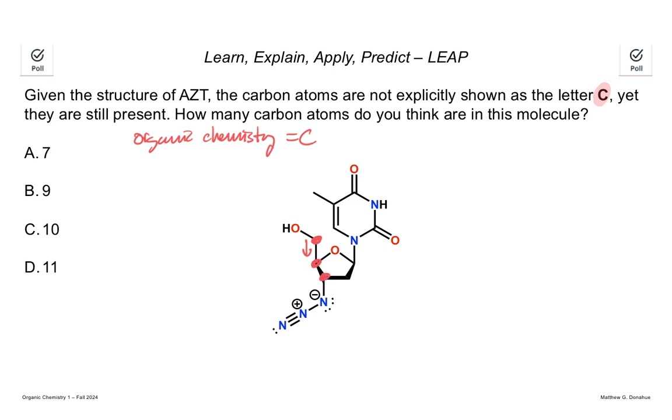This is a carbon, so we're at 3, 4, 5. We move up, there's a nitrogen. This is a carbon 6, 7, 8, 9, 10. So there's 10 carbon atoms. So if we're building up the molecular formula, there's 10 carbon atoms, C10.